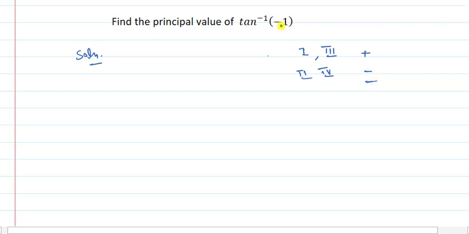So we need negative values, so therefore let us take the multiple of pi by 4 which will lie in second or fourth quadrant. So let us go for that.